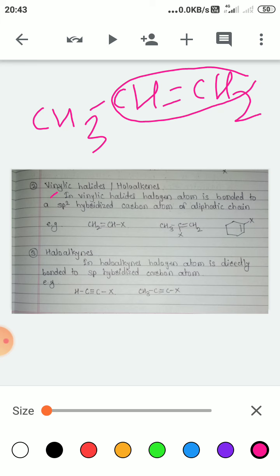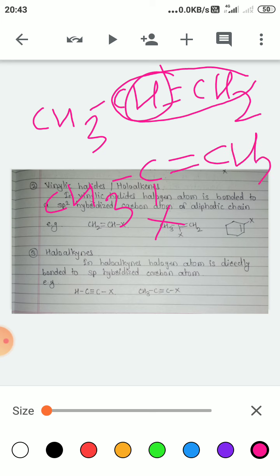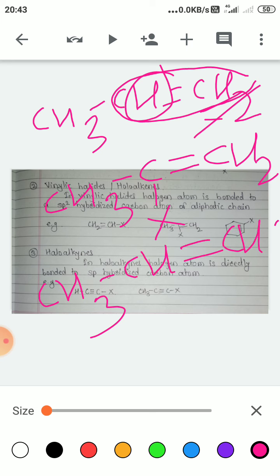Suppose CH3 C, if we replace this hydrogen, then we'll get CX double bond CH2. This is also a vinylic halide. Now see, we can consider it like this. If we replace this hydrogen atom, then we'll get CH3 CH double bond CHX. Such halides are also called vinylic halides.